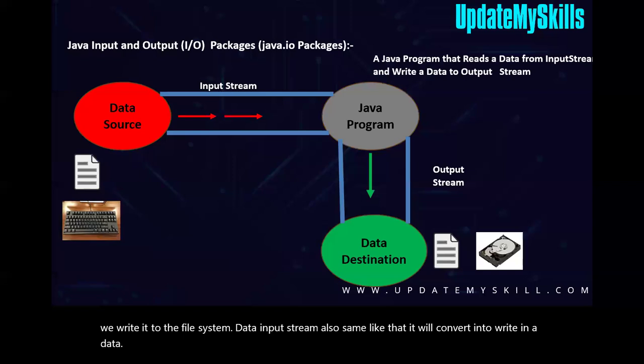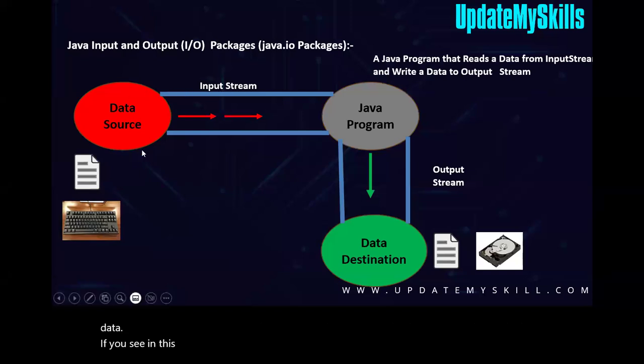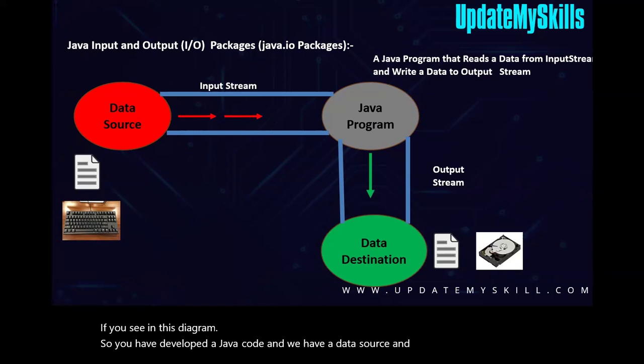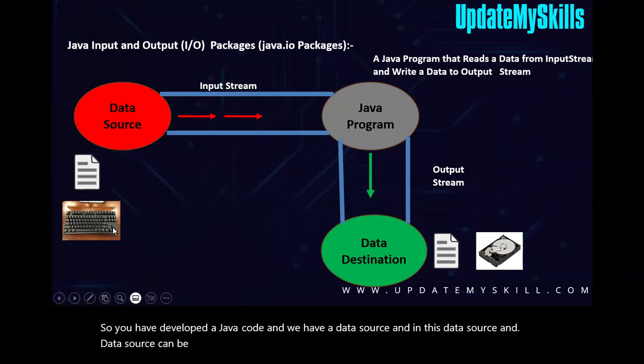If you see in this diagram, you have developed a Java code and we have a data source. The data source can be a file or it can be a keyboard.